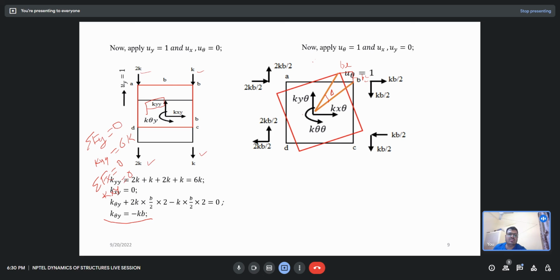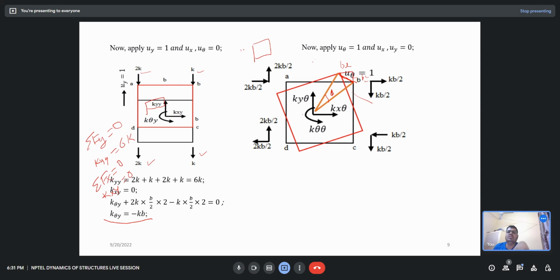So if I will find out this displacement, if theta is equal to 1, what will be that length times this angle, so what will be this length, that is the diagonal. What is the diagonal of this square?